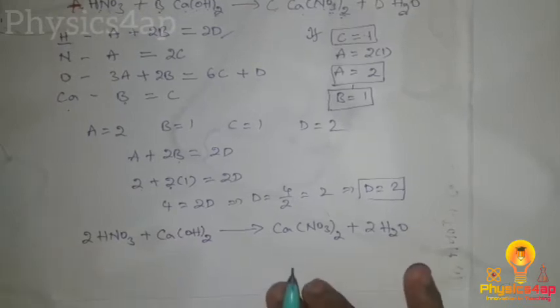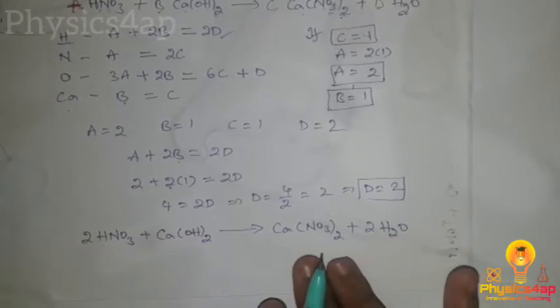Now this is the final equation which we got after balancing it. So this is the balanced chemical equation.